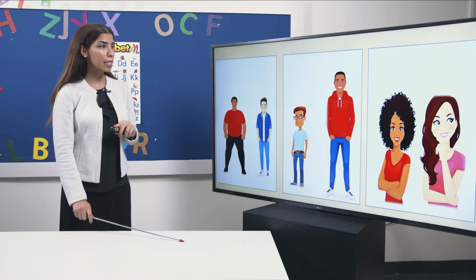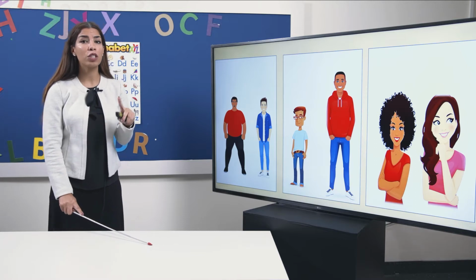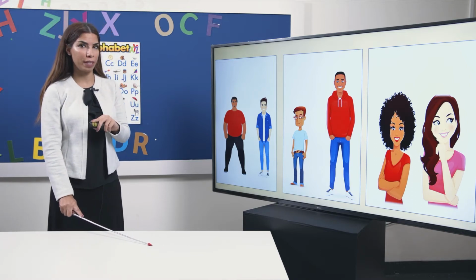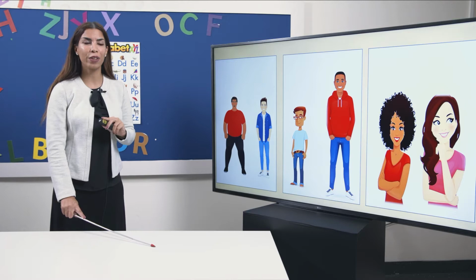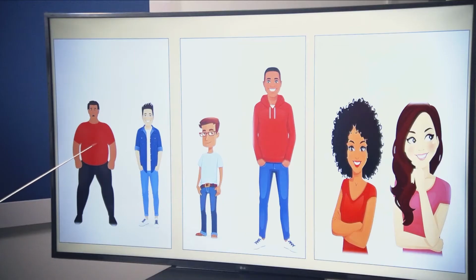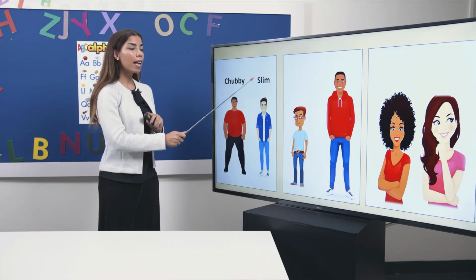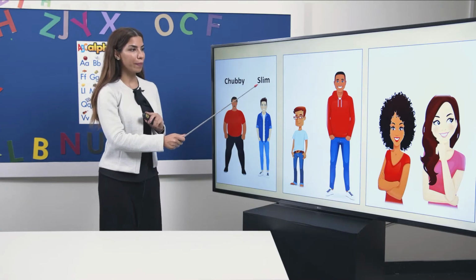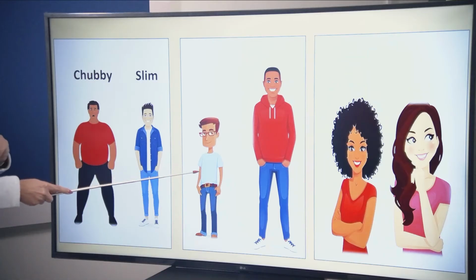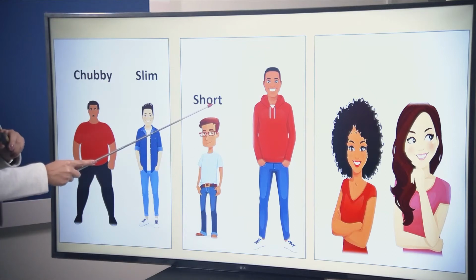In the previous lesson, we learned some adjectives to describe physical appearance. Let's remember them together. How does he look like? Chubby. How does he look like? Slim. Chubby, slim. How does he look like? Short.